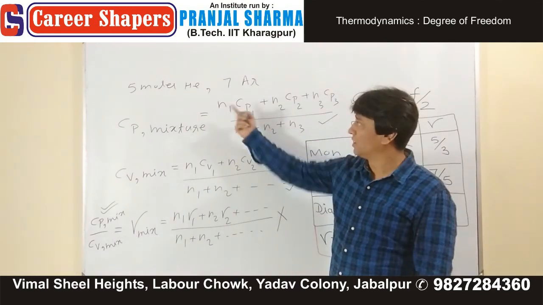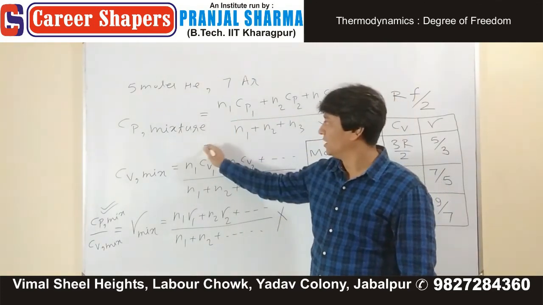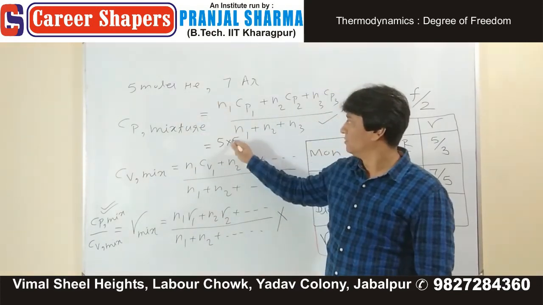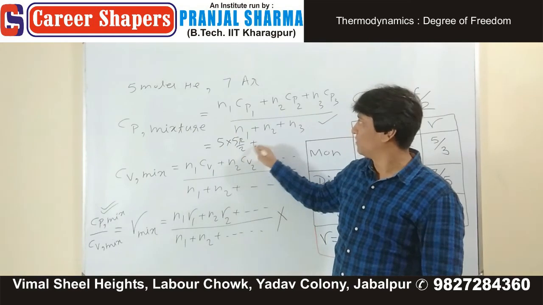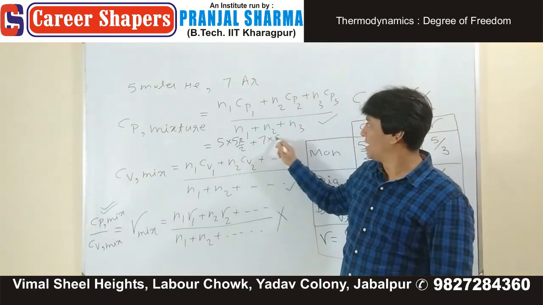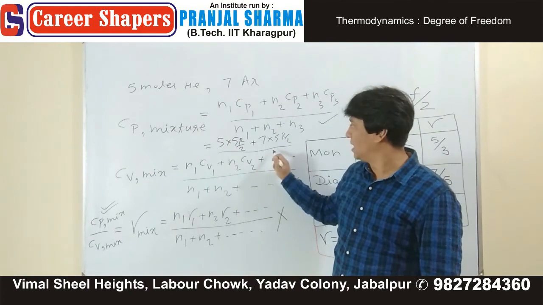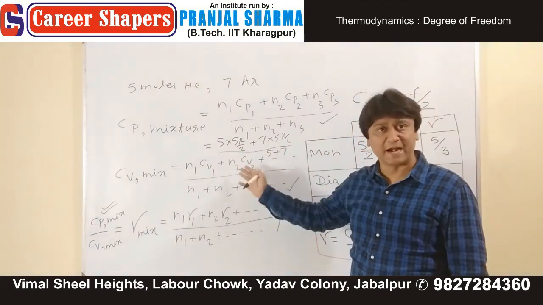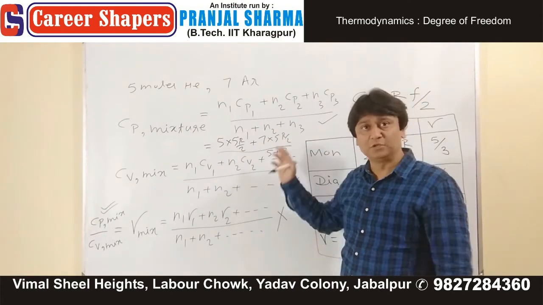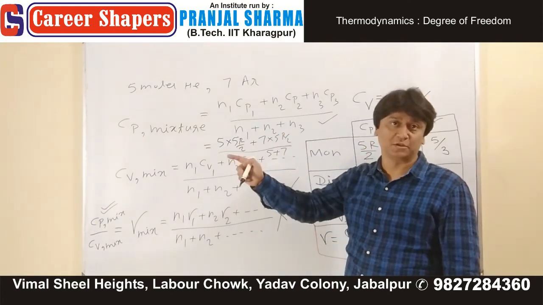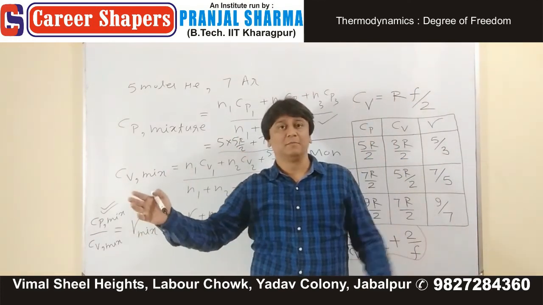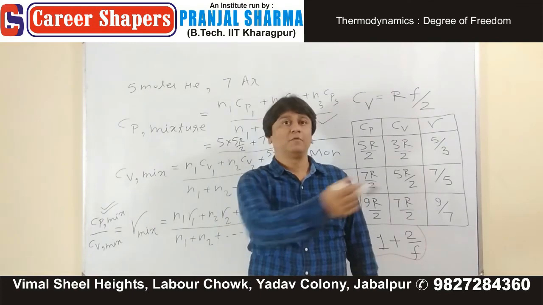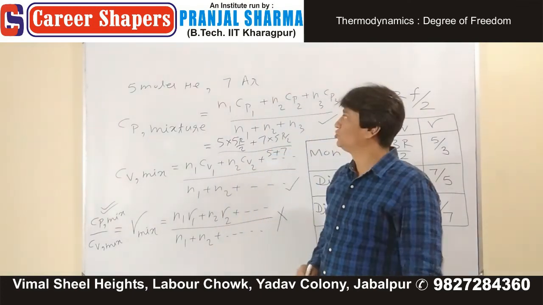Let's see the use of the formula if you want to: 5 multiplied by helium 5R by 2, a waste of time, plus 7 multiplied by 5R by 2, divided by 5 plus 7. Take 5R by 2 common, and 5 plus 7 gets cancelled. So I gave you the question just so that you remember that whenever you mix monatomic gases, your Cp or for that matter Cv does not change.